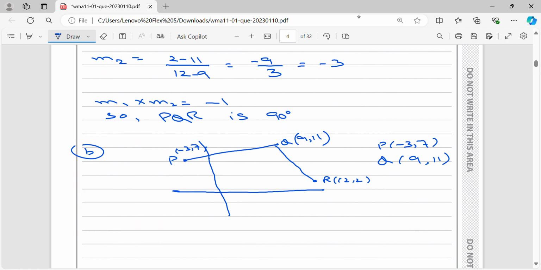So it means that the opposite sides are equal and the lines are parallel. So it would be something like this for S.